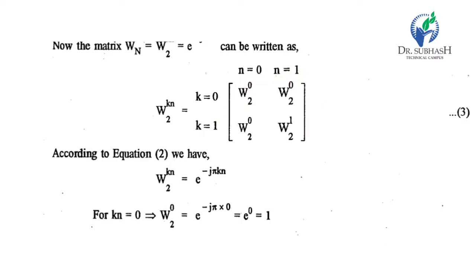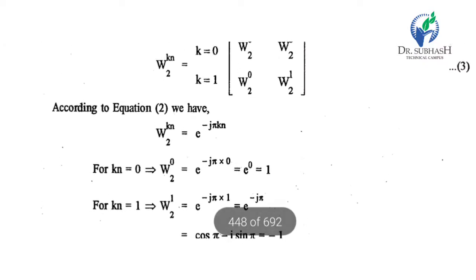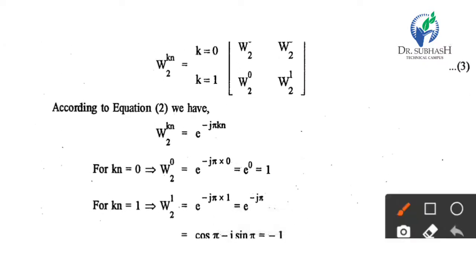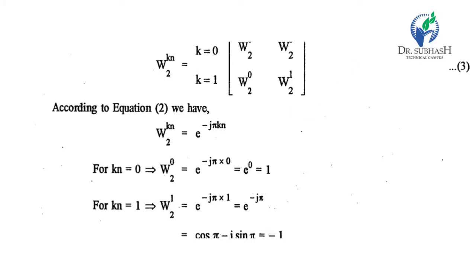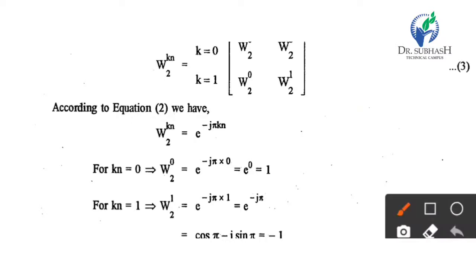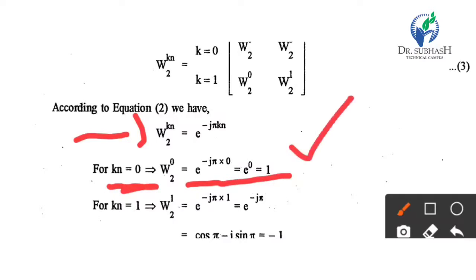According to the equation, after making this matrix, we have to look at our table. W_2 raised to kn equals e raised to minus j pi kn. For kn equal to 0, W_2 raised to 0 means e raised to 0, so its value is 1. So all three of these values are 1.